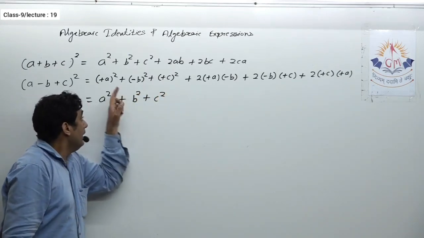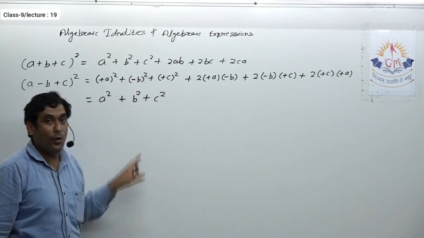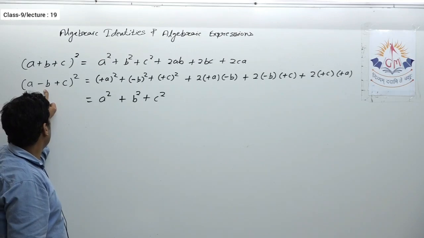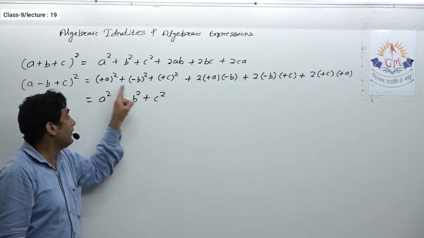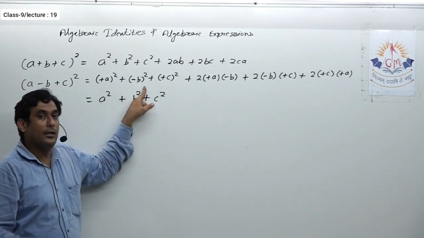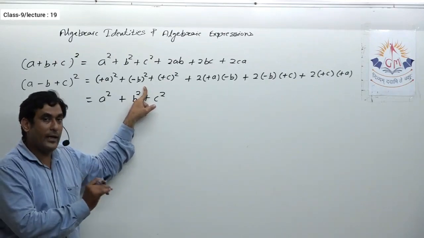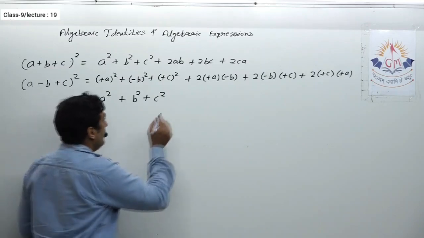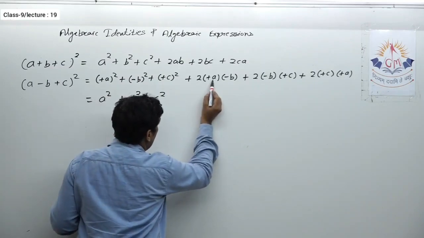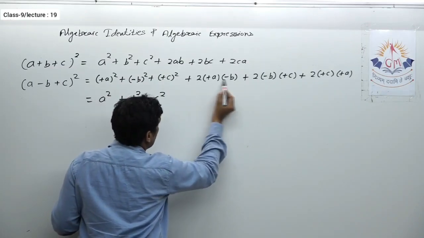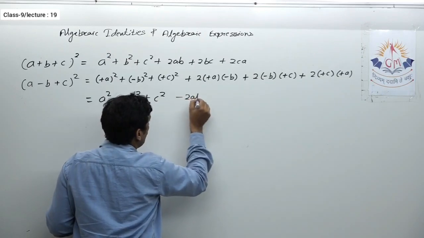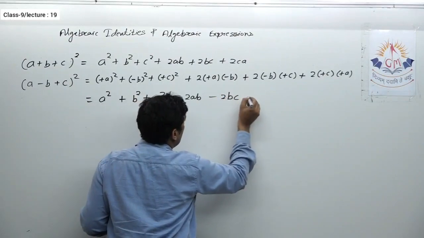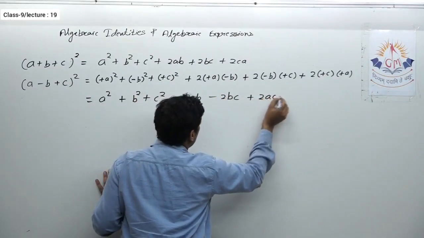It means the first three terms in all the versions always remain positive, whether the term is negative or positive, because we are making their squares, and the square of a positive is positive as well as the square of a negative term is also positive. Now over here, a is positive, b is negative, so if you multiply these you will get minus 2ab. Over here you will get minus 2bc, and over here you will get 2ac or ca.